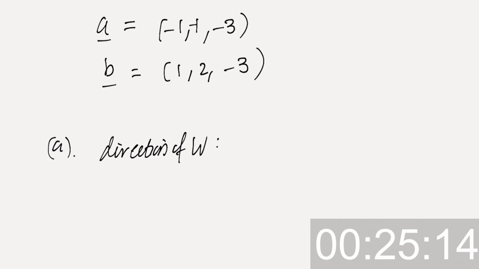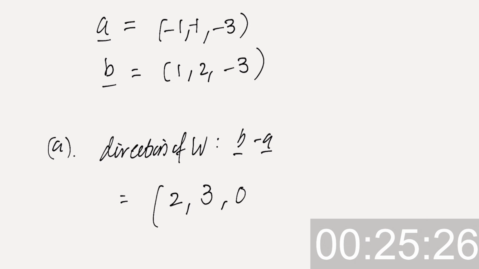Let's do B minus A. So the direction of W is given by 1 minus minus 1, that's 2, 2 minus minus 1 is 3, and then 0. So my water pipe has this particular direction, and I want to know the angle between that and the surface.